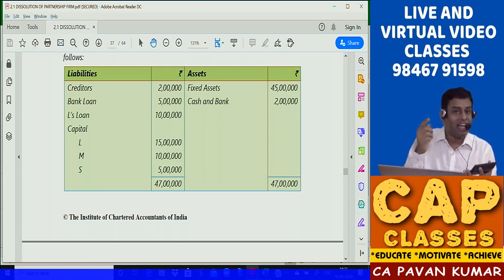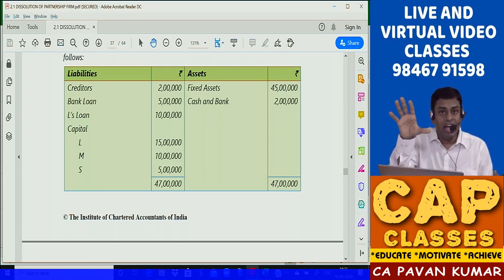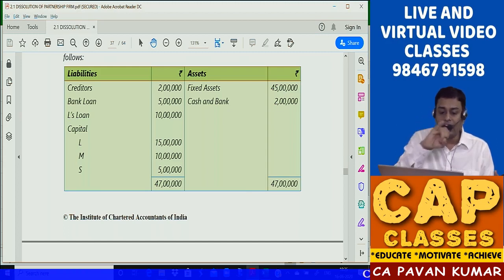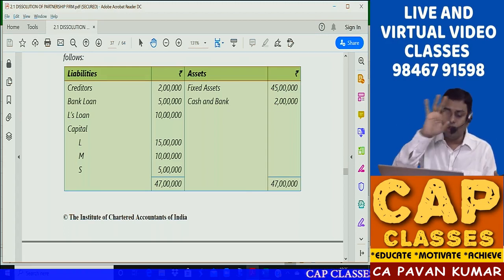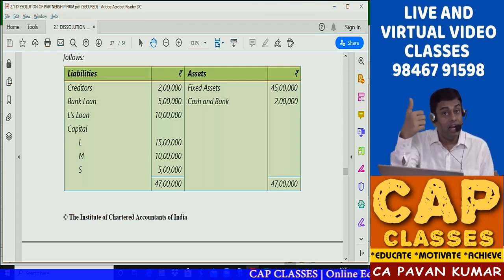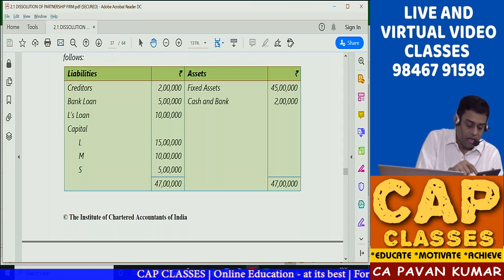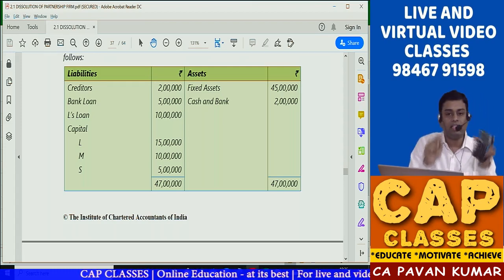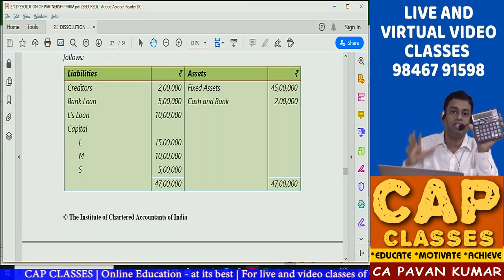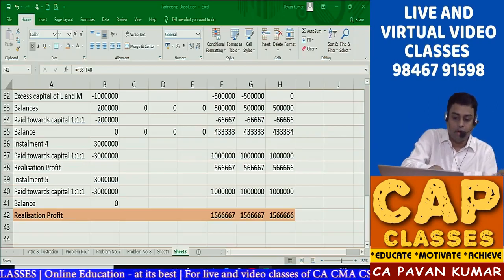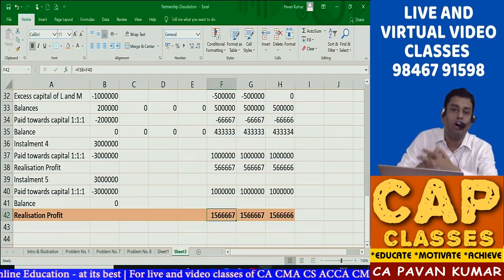So 47 lakhs is the excess. So you got 95 lakhs. You repaid creditors, you repaid bank loan, you repaid the other loan, you repaid capitals, and you subtracted that liquidator expenses. So 47 lakhs extra is there, divided by 3. 15 lakh 66,667 rupees is profit per person. That is what you have achieved even after doing all this, no?